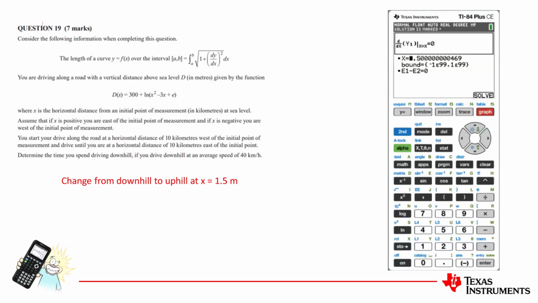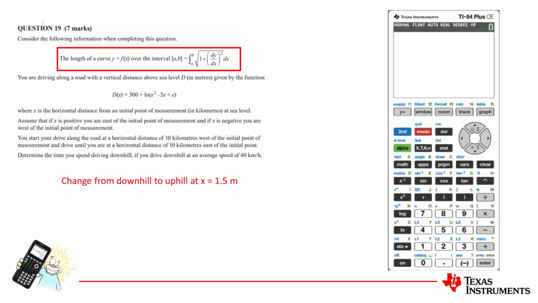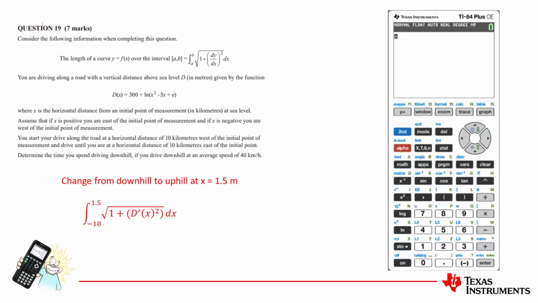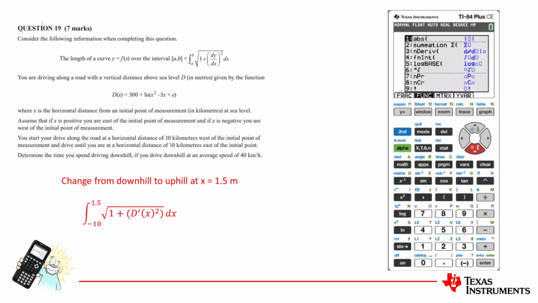From here, we're wanting to find the total distance that we spent going downhill. So we've been given the formula to find the length of a curve back up in the top of the question. And I'm going to integrate from my lowest value, which was 10 kilometers west or negative 10, up to 1.5, positive 1.5. So I'm going to go alpha F2, select my integral.